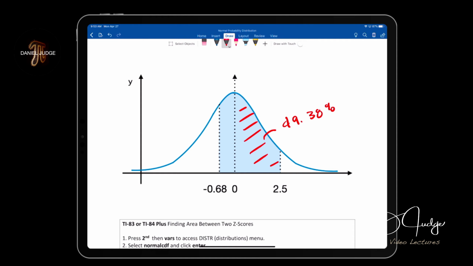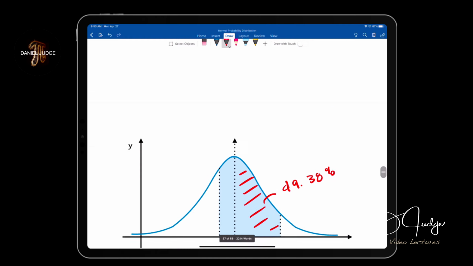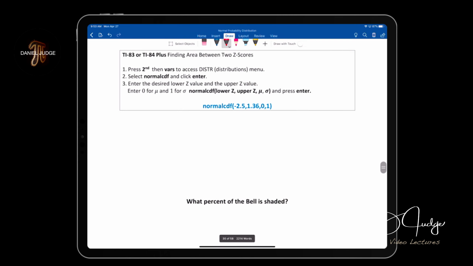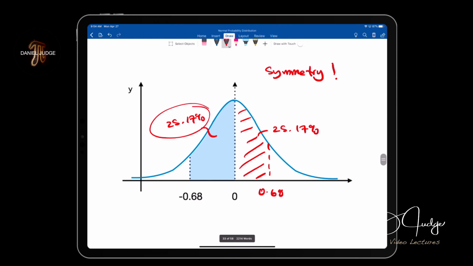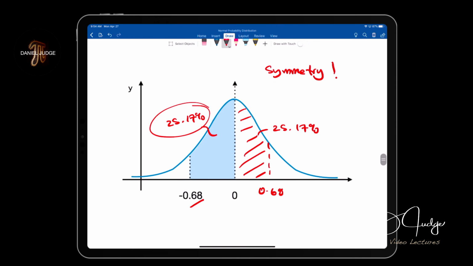There it is, 49.38, and then the negative 0.68. So negative 0.68, where's that at? 0.68. Oh, there we go. See this? That's 25.17.